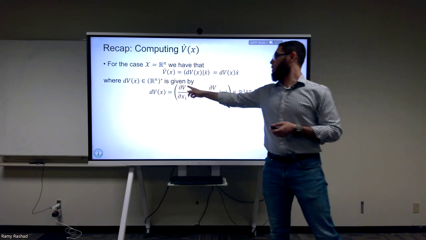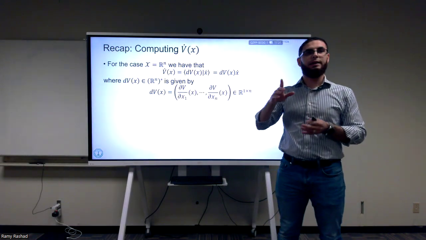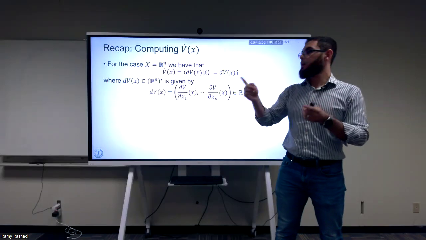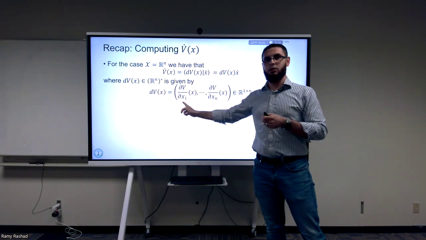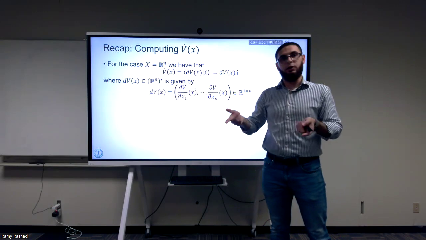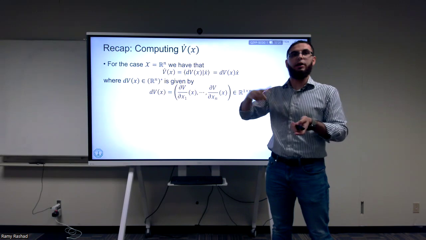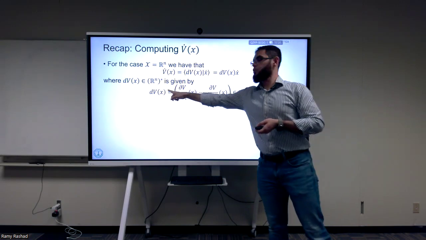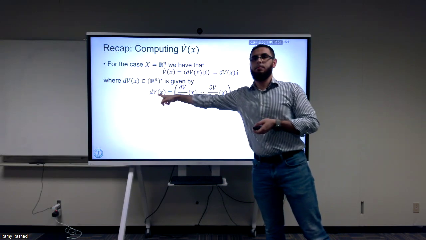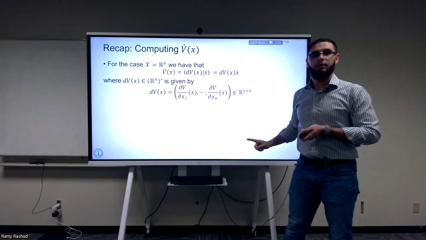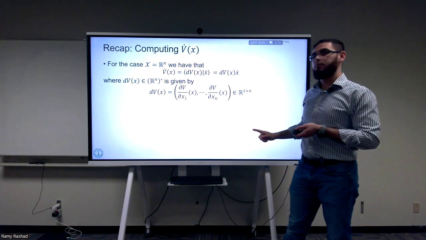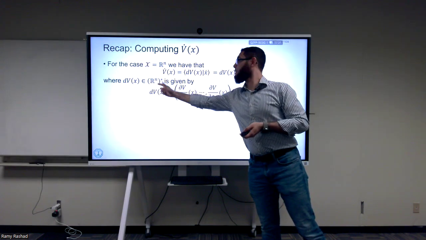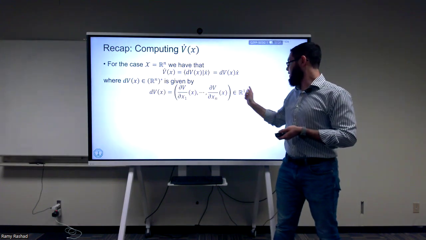v is a scalar function, right? It eats x1, x2, x3 up to xn and gives you one number in the end. The partial derivative of v with respect to x1 is another function that goes from Rn to R. After it eats x, you get this one.